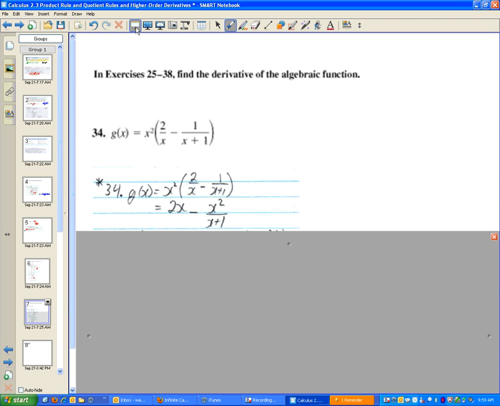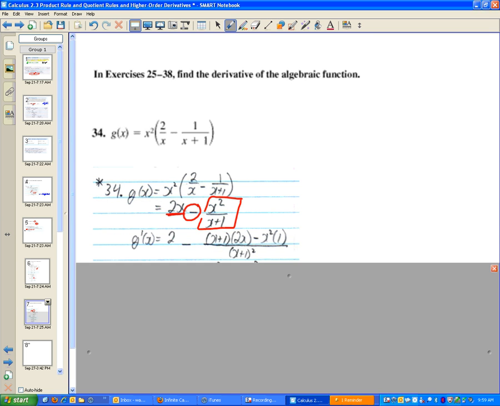And now look what we have. To take the derivative of 2x is a piece of cake, right? Then we'll copy down the minus sign, and then we'll use the quotient rule to get the derivative of that. So, g prime of x equals. Now the derivative of 2x is 2. Copy down the minus sign. Everybody can get 2 minus, right?